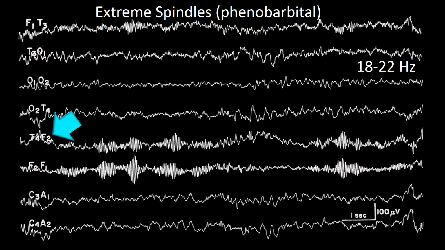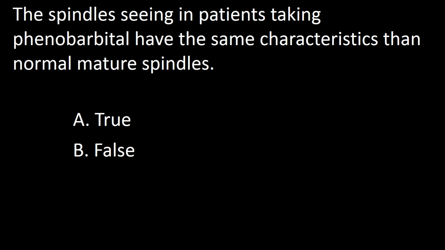Notice how prominent they are on both sides, but primarily arising from F2. The frequency of this spindle is in the 18 to 22 Hz range. So the answer to this question is B.